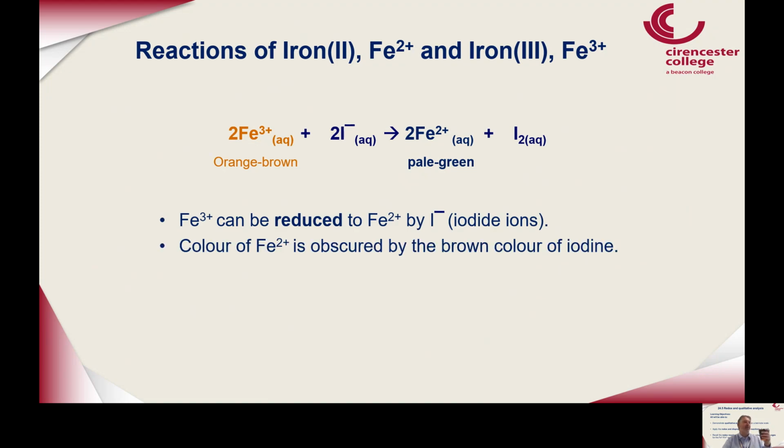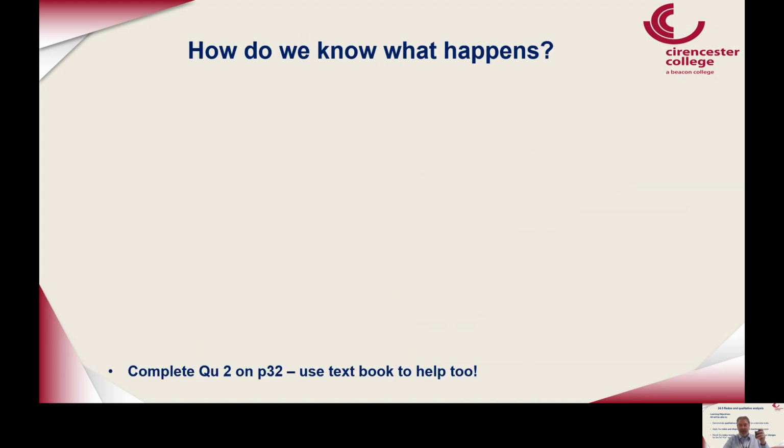The color of iron 2 is obscured by the brown color of iodine, which is made when you react iron 3 plus with iodide.